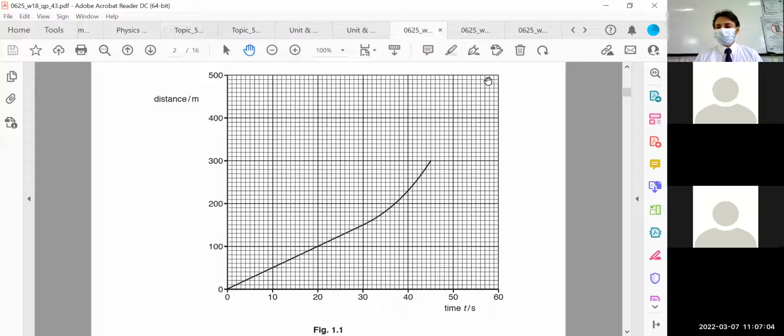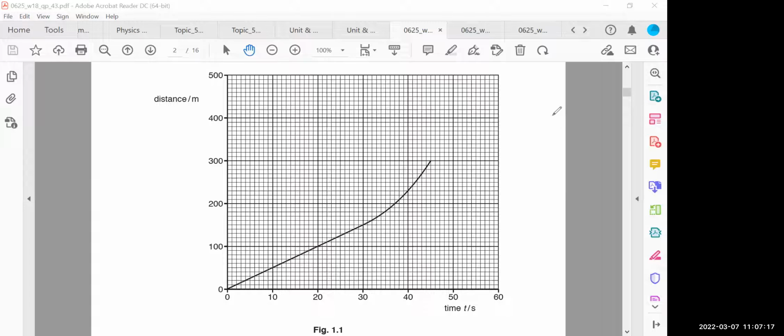10th class. Jarvis, where is the acceleration of the car 0 on this graph? Okay, Muhammad Kinan.